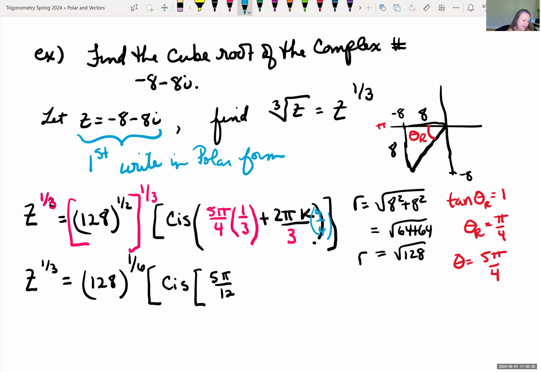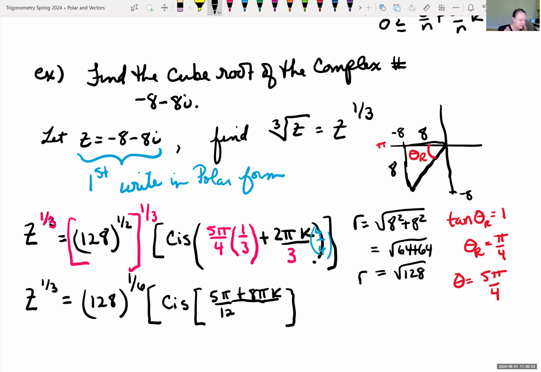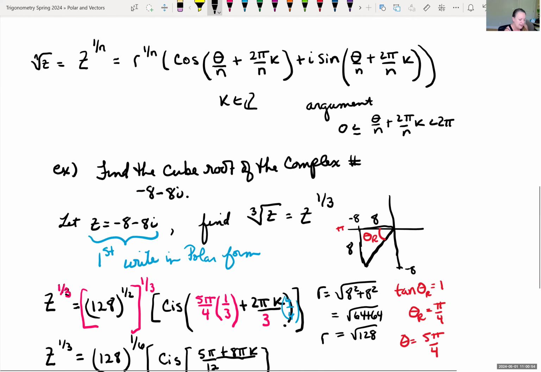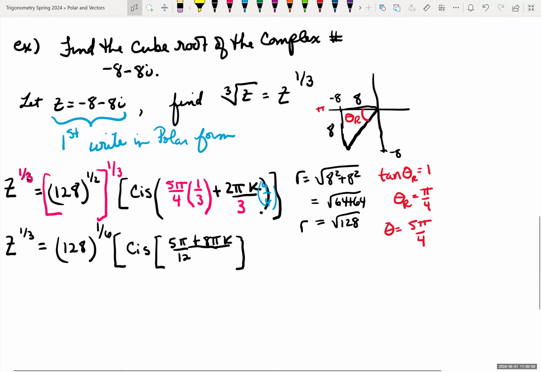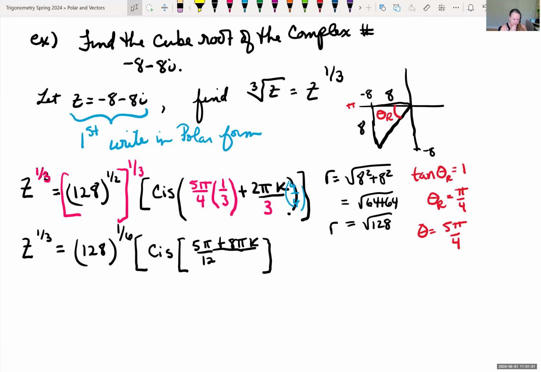So that's 8 pi k. Should it be 15 pi 12ths? But I'm multiplying by 1/3. Did I make something wrong up here? No, it was down there, because I didn't realize we were putting it all over 12. Yeah. Okay.